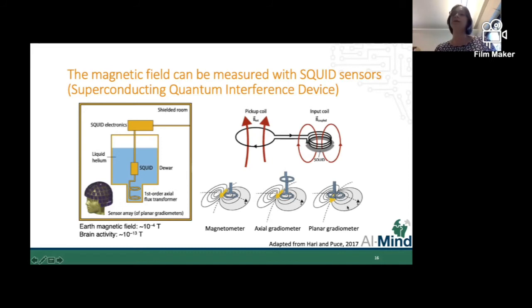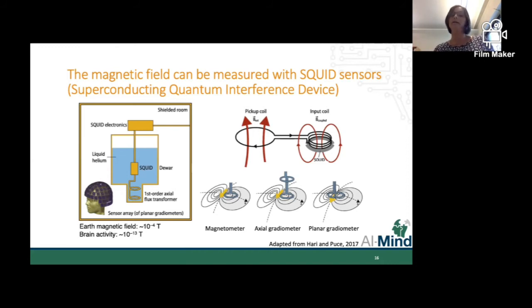To cancel out noise, we can also use different geometries for the pickup coils or the flux transformers. We can use gradiometers that measure the difference in magnetic field, and they consist of two loops that are wound in opposite directions. An axial gradiometer has a single loop close to the brain and a second loop in the opposite direction, slightly further away. The idea is that environmental noise will be flowing through both loops, whereas the brain signal will be picked up by the loop that is closer to the head.